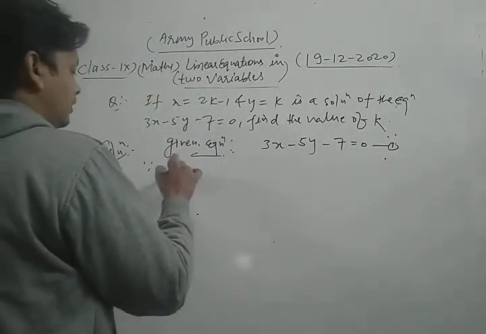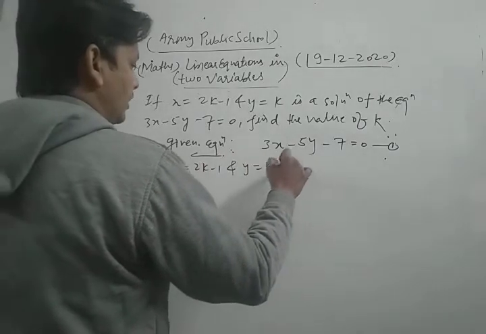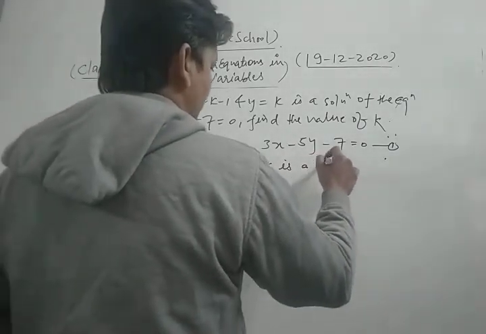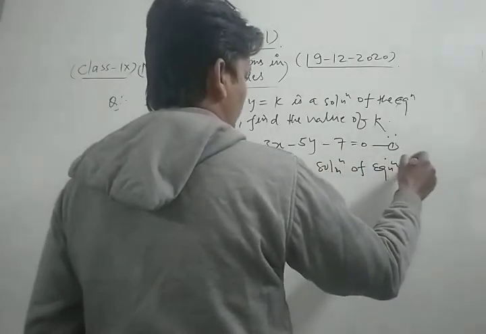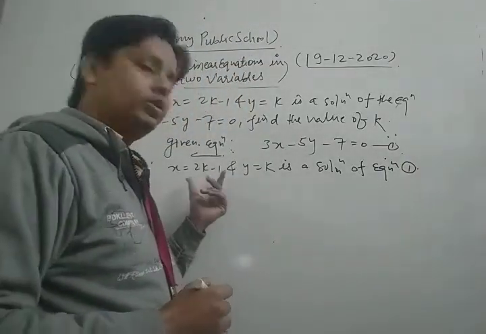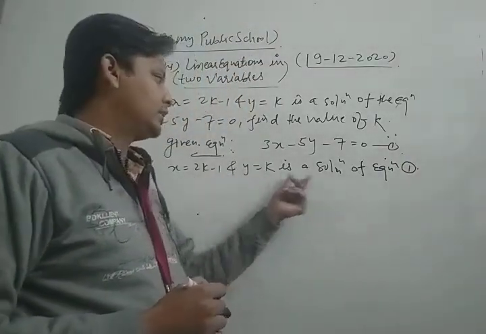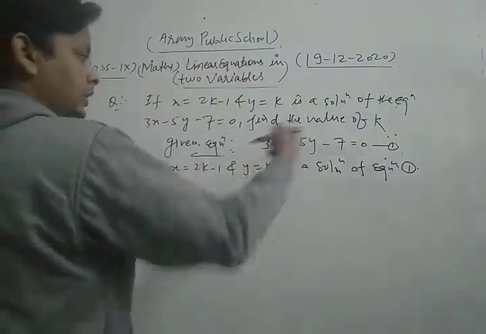Since x is equal to 2k minus 1 and y is equal to k is a solution of equation 1, it must satisfy the given equation.